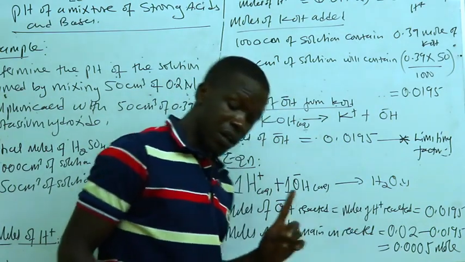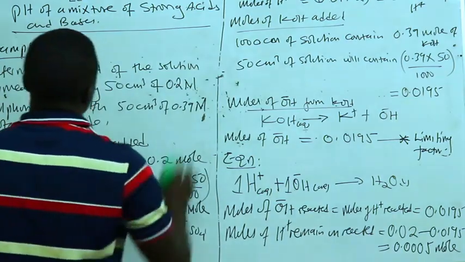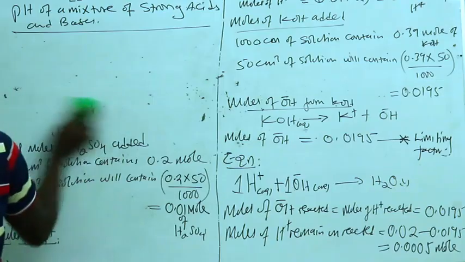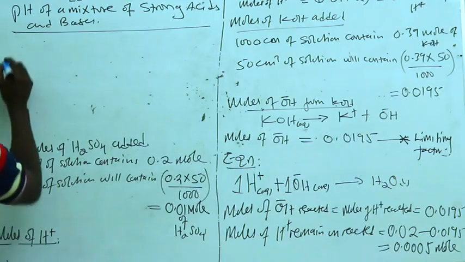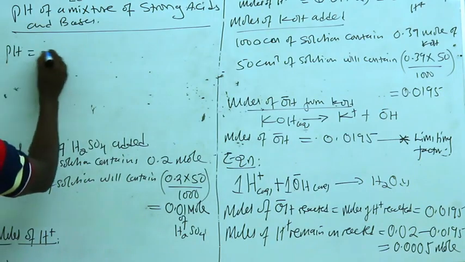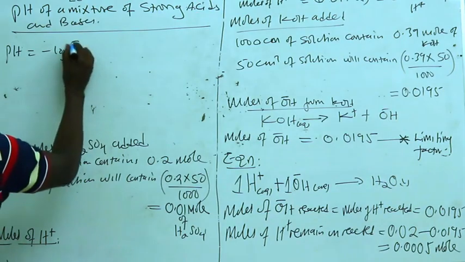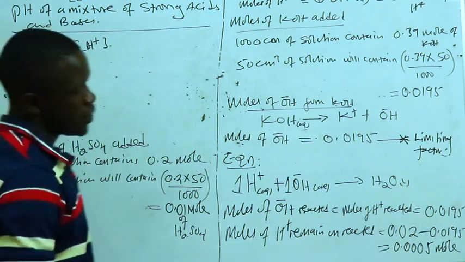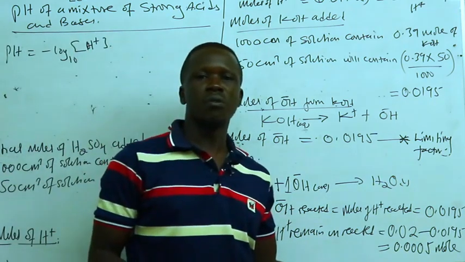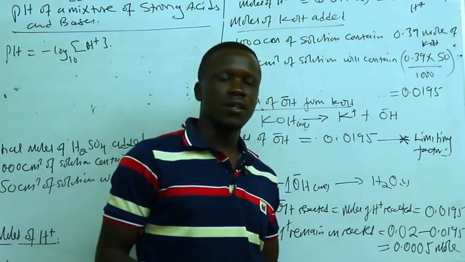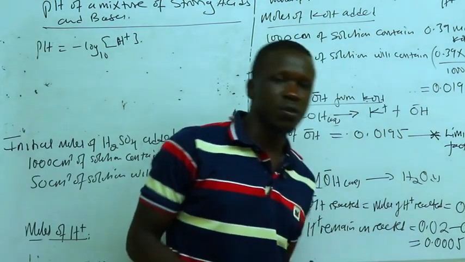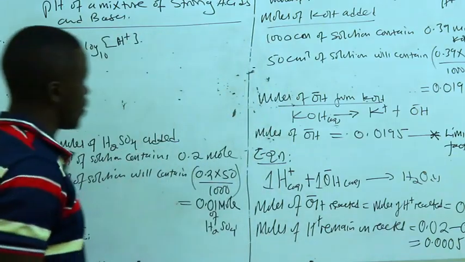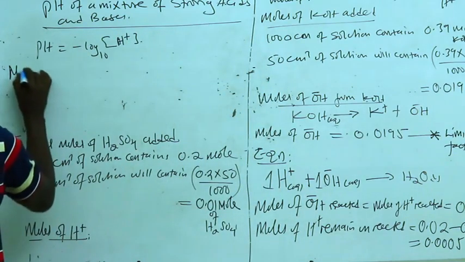However, in the expression of pH, pH is equal to negative log base 10 molar concentration of hydrogen ions. But these are moles in a certain volume of the mixture. So this is not molar concentration. What do we do to change this to molar concentration? We shall now say, what is the new volume?